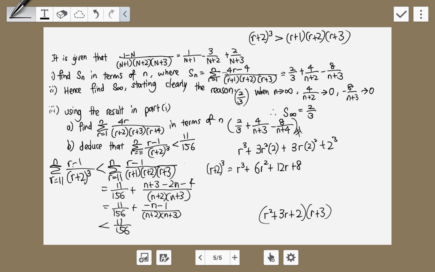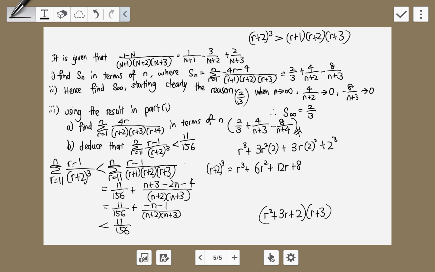This is this side. Okay, so when I multiply this, I will get r cubed plus 3r squared plus 2r plus 9r is plus 11r. And okay, maybe I should do it more systematically.